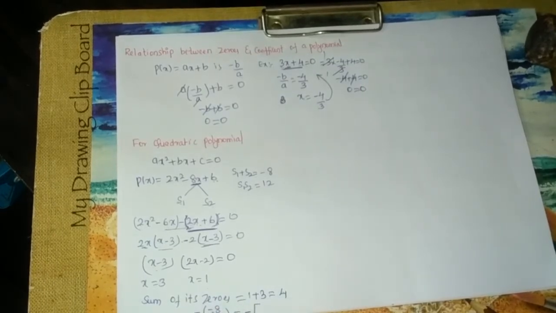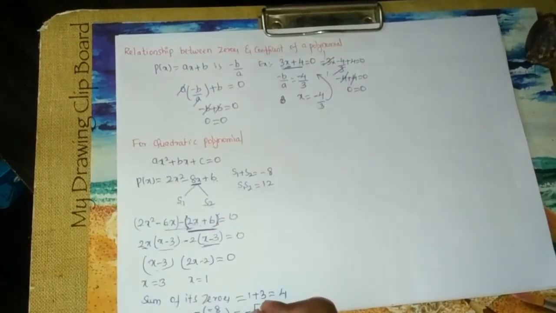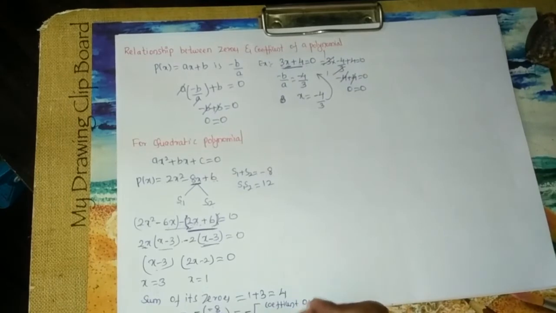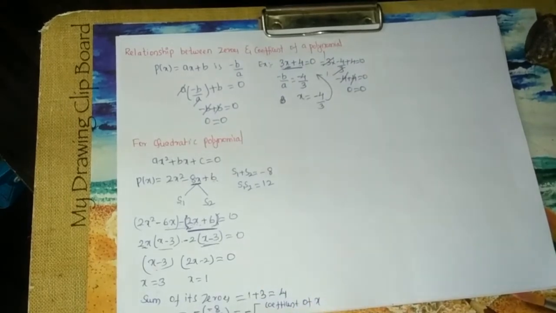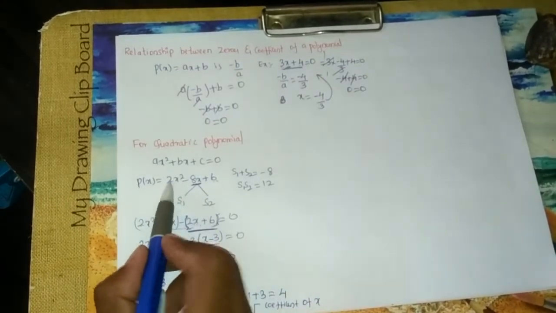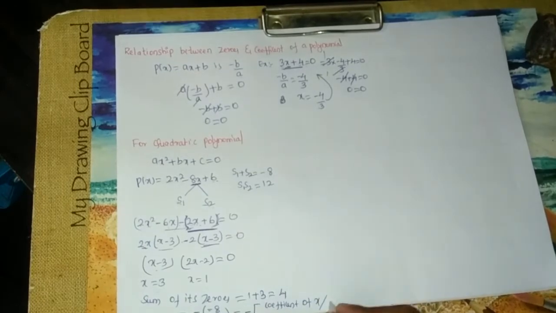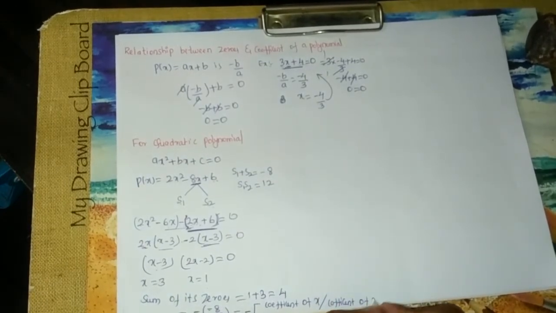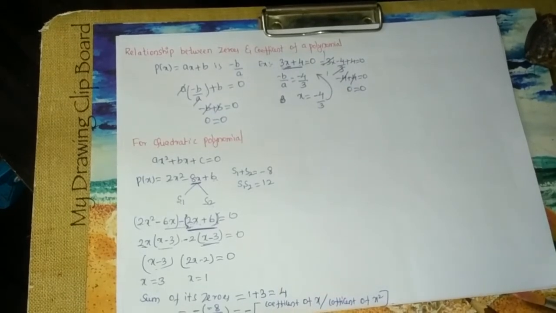So this minus 8 is the coefficient of x, and this 2 is the coefficient of x square.